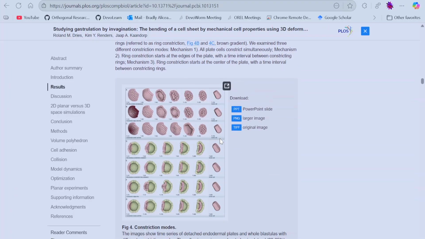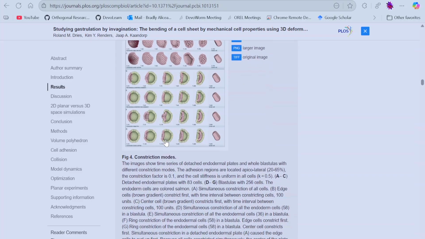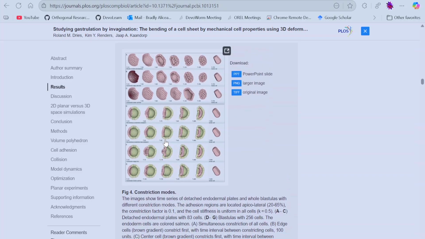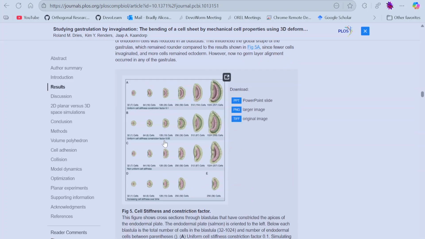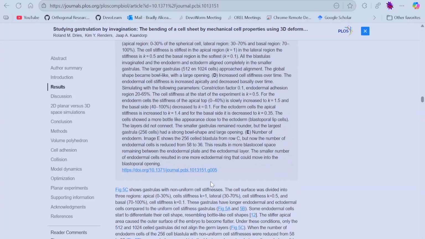And then they go through constriction, which is this figure here, constriction modes. So basically they simulate this and show all the different modes of constriction. They show cell stiffness and constriction factor. So they vary the cell stiffness to see how that plays a role.